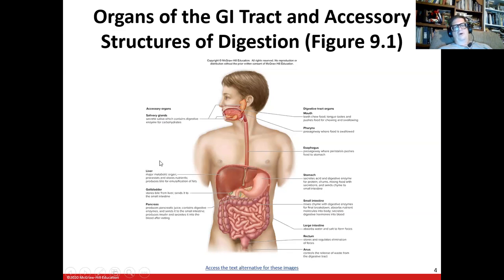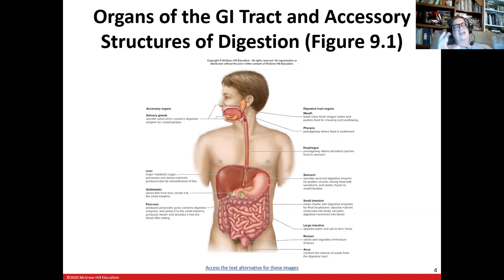But the number one most important thing they're going to talk about here is the bile that comes from the gallbladder. It's made in the liver, stored in the gallbladder. And when you pass a bunch of fats from the stomach into the duodenum, the first part of the small intestine, to break those fats down more easily, you mix them with the bile, which emulsifies the fat.